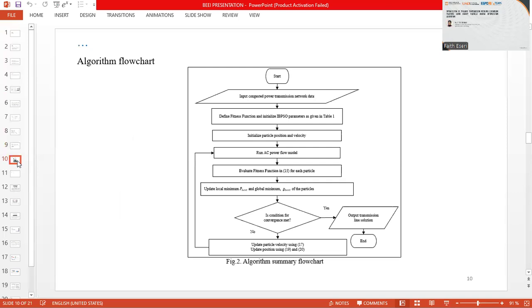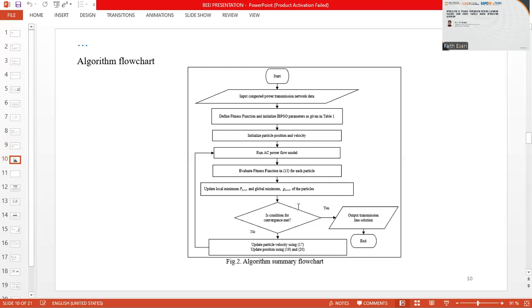This is the summary of the flowchart, which includes input of congested power transfer network data, and then you define the fitness function given in the previous slides as you initialize the IBPSO parameters according to table 1. You initialize the particle positions and velocities, then you run the AC power flow model and evaluate the fitness function in equation 15 for each particle as you update the local and global minimum of the particles.